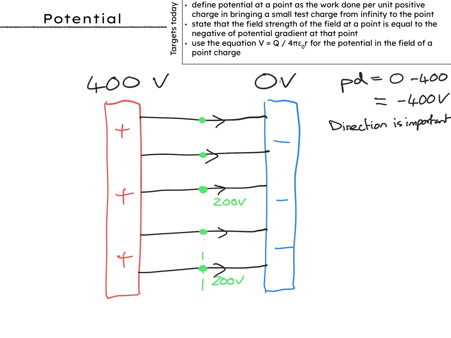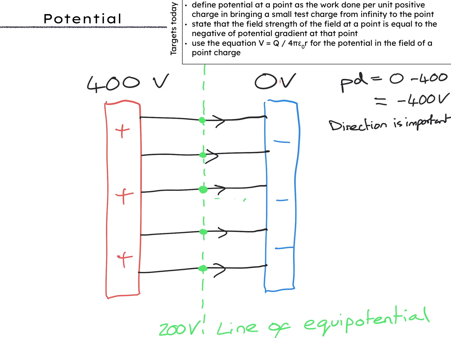If I join them with a dashed line, we can say that at all points along this line, the potential is equal. So we call this line a line of equipotential. This line of equipotential can have the label 200V. How about here? It's between the 400 volt plate and the 200 volt equipotential.